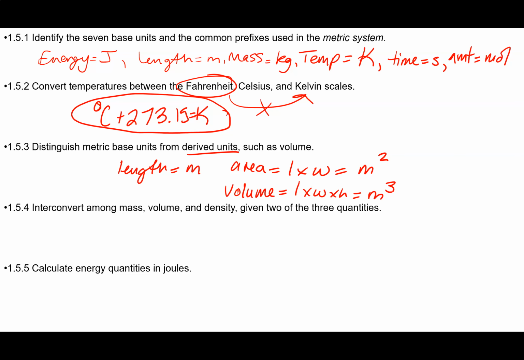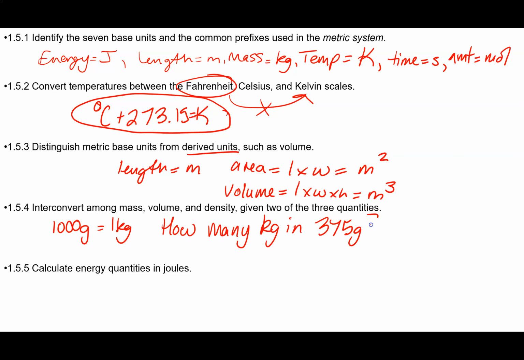Conversion of these things is also going to be something you're asked to do. If I tell you that there are 1,000 grams in 1 kilogram, and then I ask how many kilograms in 375 grams, you're going to set up your math to get this done.